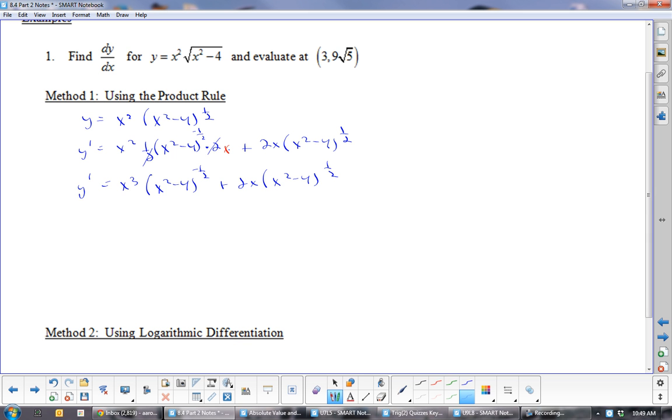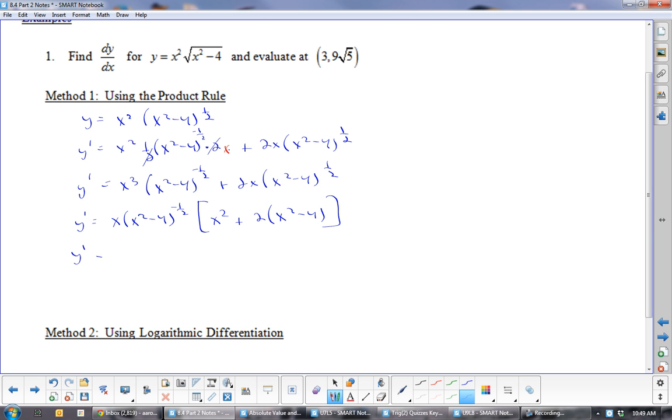Okay, I can factor out an x on both of them, and I can factor out an (x squared minus 4) to the negative 1/2. So y prime, I'm going to take out an x and an (x squared minus 4) to the negative 1/2, which gives me x squared in the first term, plus 2, because I took out that x, and then just (x squared minus 4) to the 1.